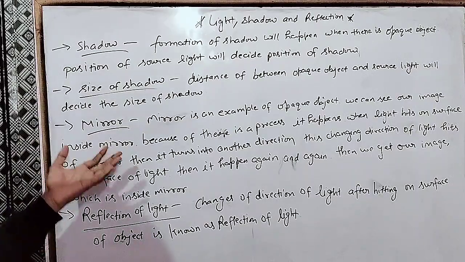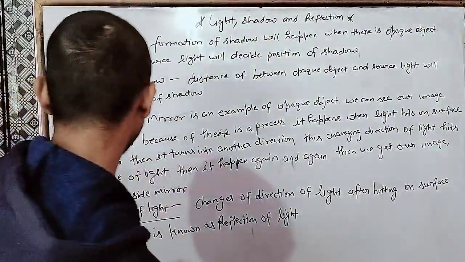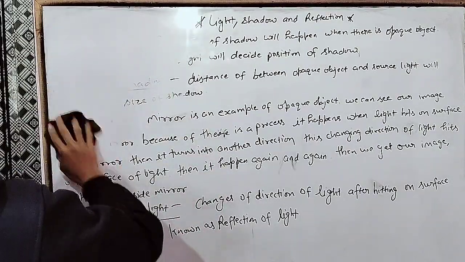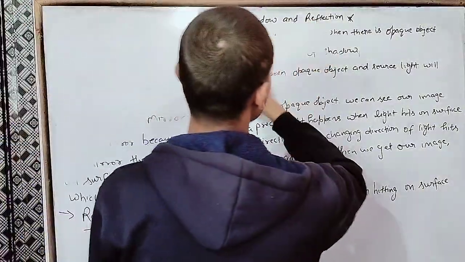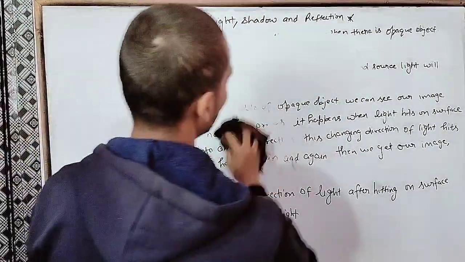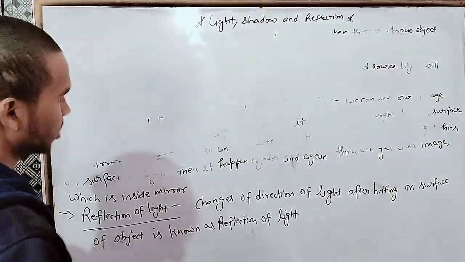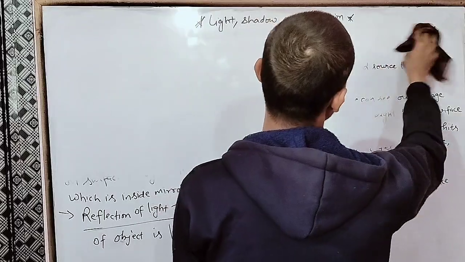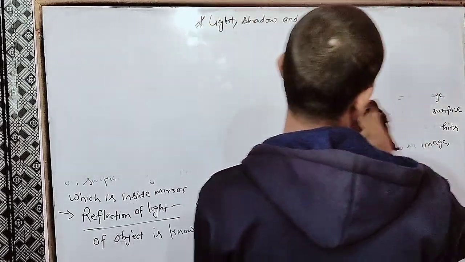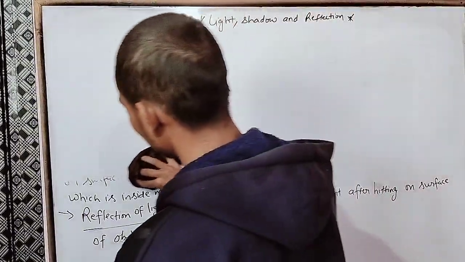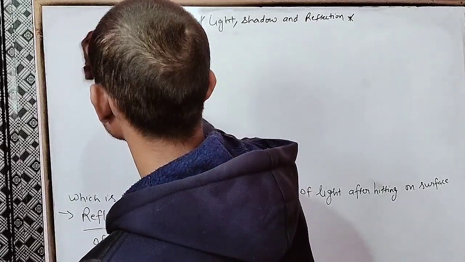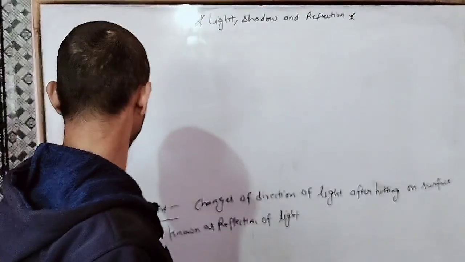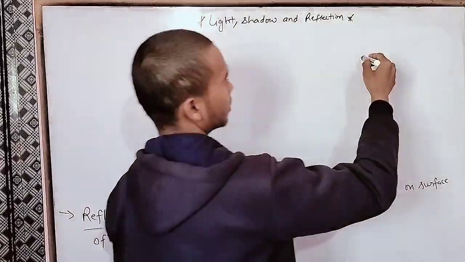Now let's see the diagram of a mirror and the diagram of reflection of light. I will draw a diagram so that we can be clear. Here, this is a mirror.